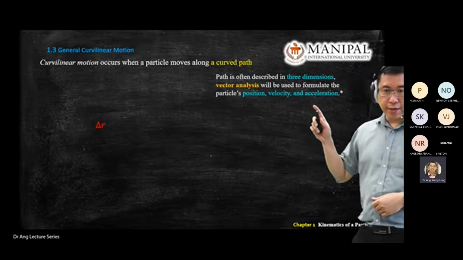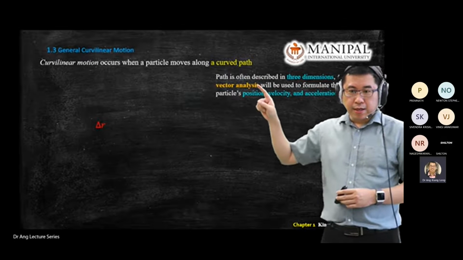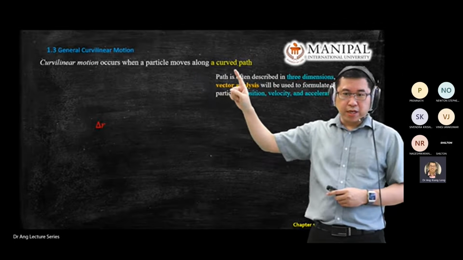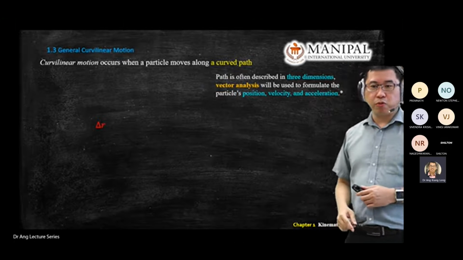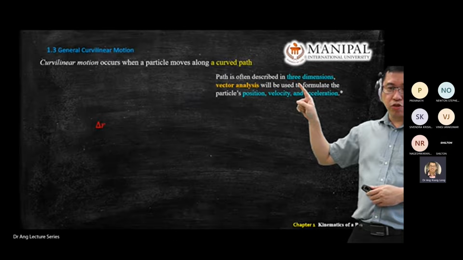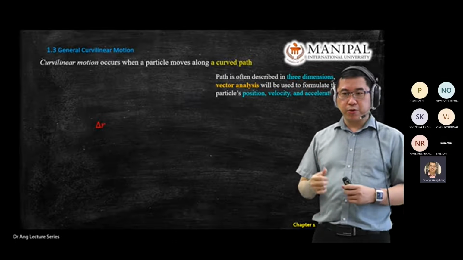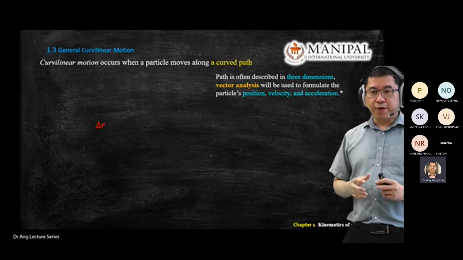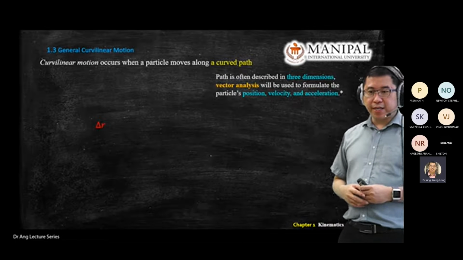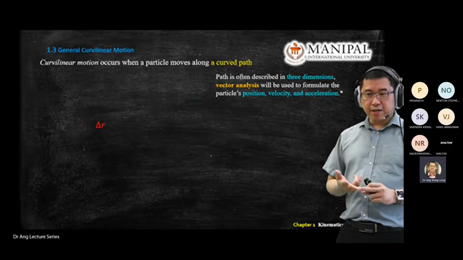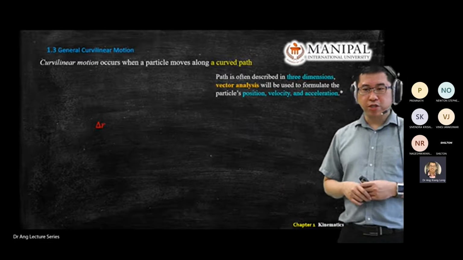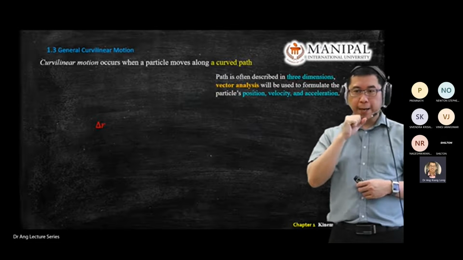Again, just a reminder. When we study a particle moving in a curved path, or curvilinear motion, our path normally will be in 3D, or three-dimensional, meaning you have your X, Y, and Z, if you have a Cartesian plane. If not, then you need to define it in R, theta, and Z. So you have two kinds of position system, but normally we'll use Cartesian, right?